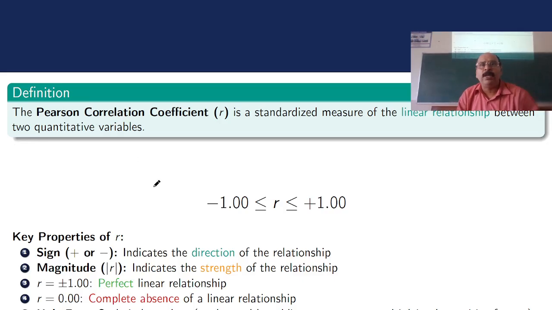So I told you now, we have understood that there is a relationship between two variables. We need to quantify to what extent is that relationship. For that, the most important thing is the Pearson correlation coefficient, denoted by R, or in some textbooks you find it as rho.